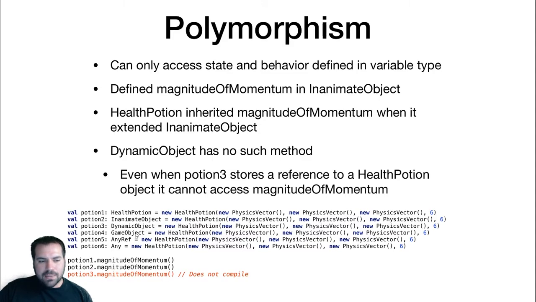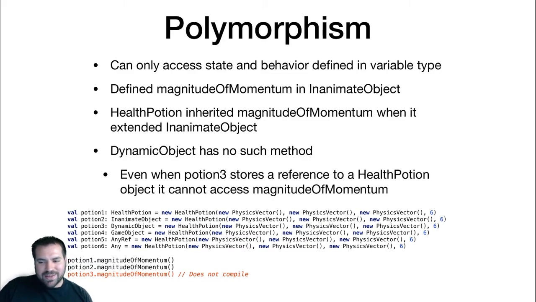Even though potion 3 is storing a health potion, which does have a magnitude of momentum method, we stored it in a variable of type dynamic object, which is a legal assignment, since a health potion is a dynamic object. But since we're accessing the health potion through a variable of type dynamic object, we do not have access to methods that are not known to the dynamic object class.